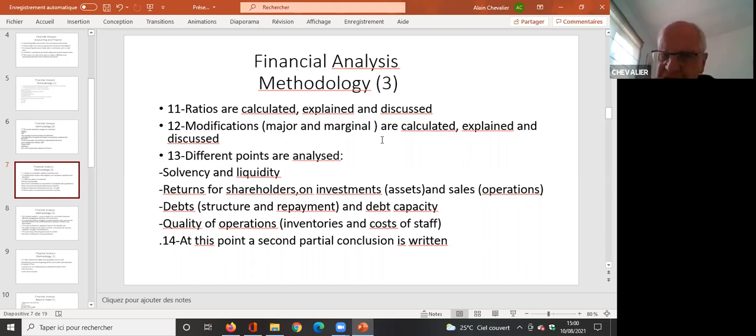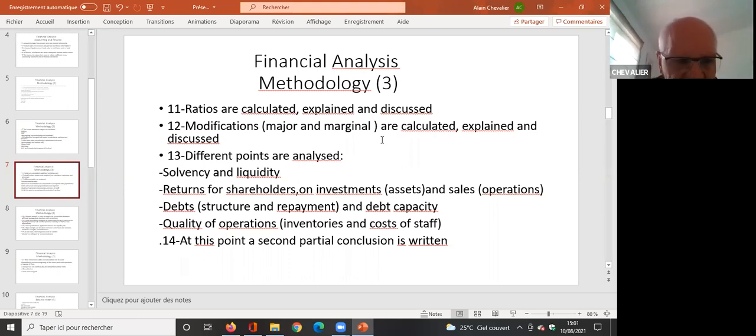We want also, still point 13, to deal with the quality of operations. It means it's right to have an opinion at the end on solvency, liquidity, returns, debt structure, repayment, debt capacity.